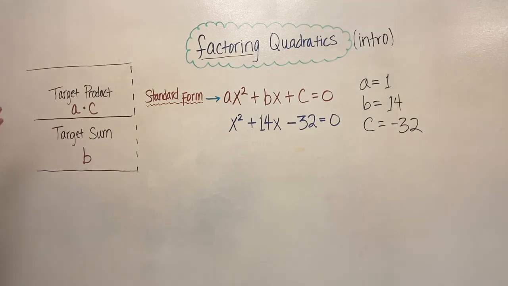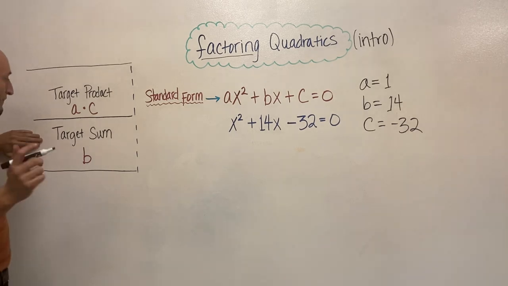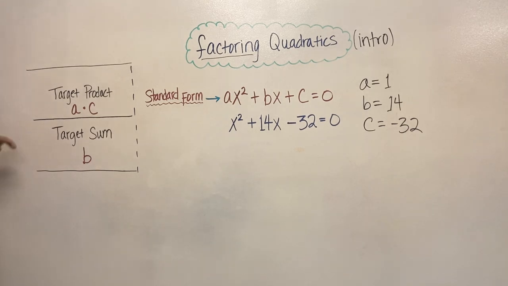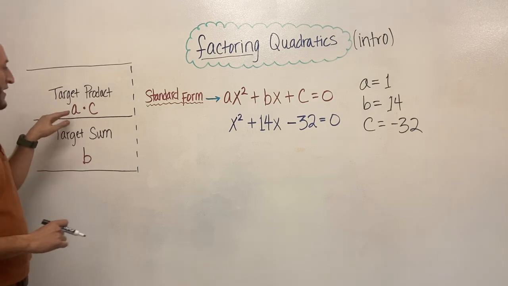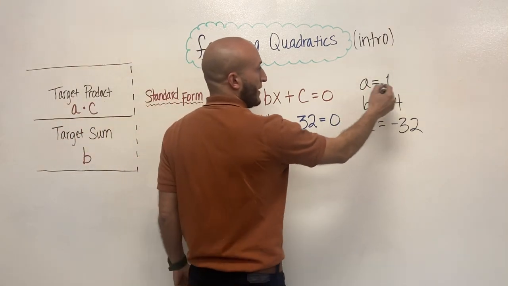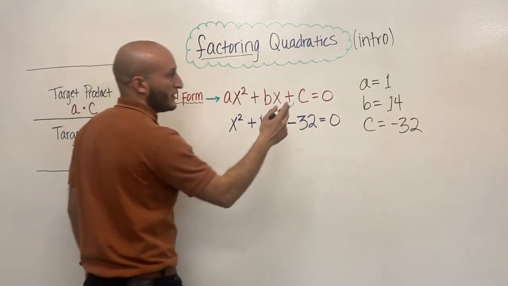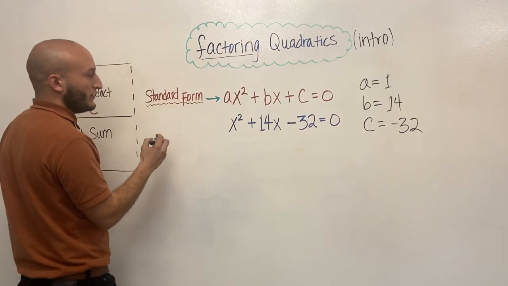Okay, now that I know what my a, b, and c are, this concept of target product and target sum is very important and can be a little confusing at first, but it's not too bad. For the target product, I grab a times c. So that's 1 times negative 32.